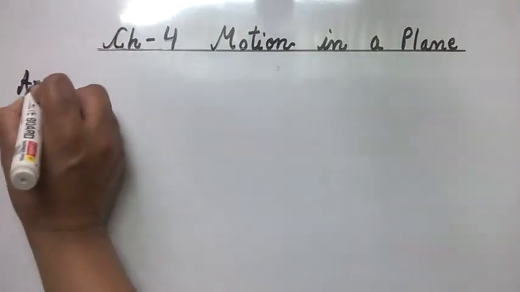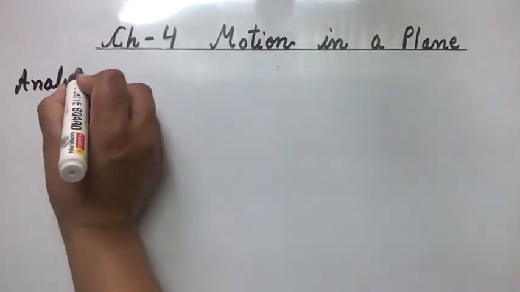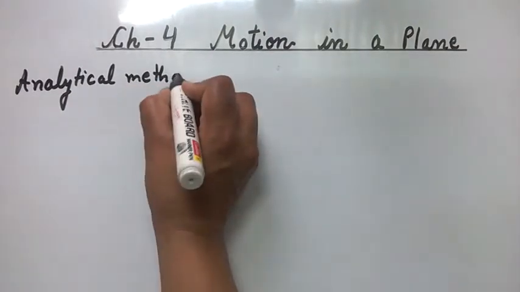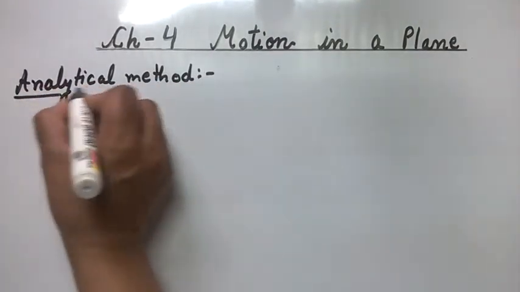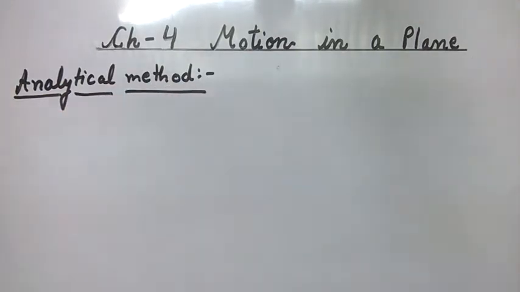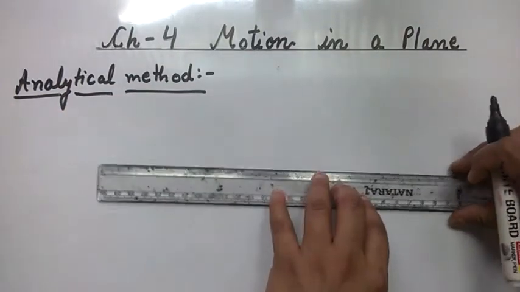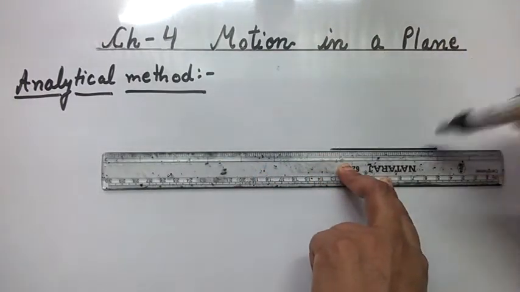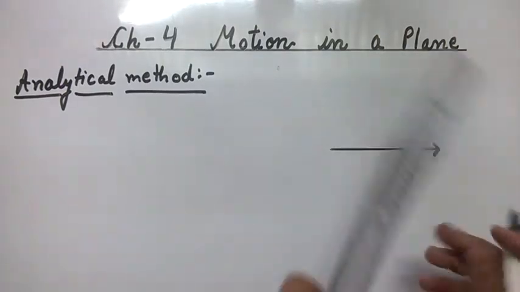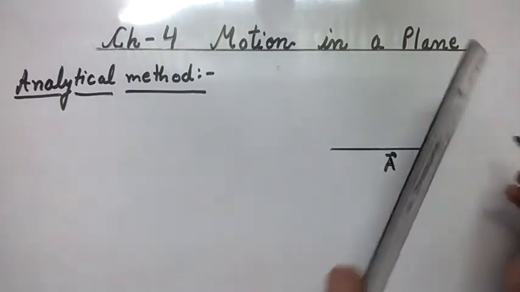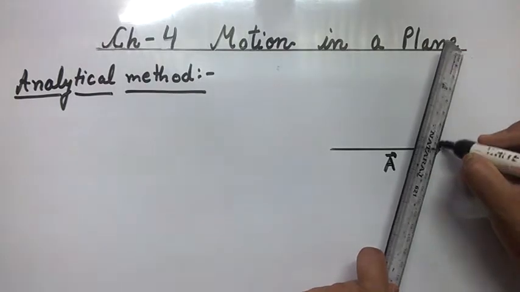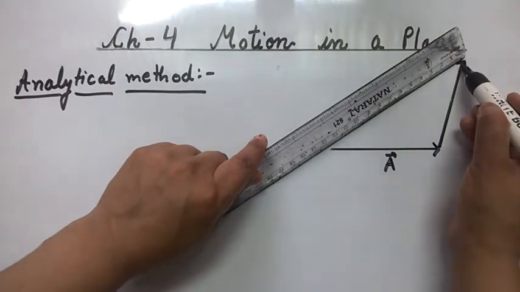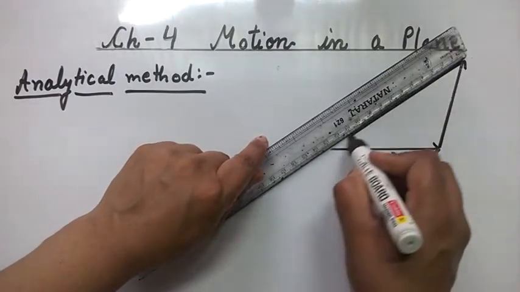Analytical method. In this we will find the magnitude of the resultant and its direction. Now let's draw the vectors, taking vector A and vector B in the same order, and the resultant, that is the longest side, in the opposite order.